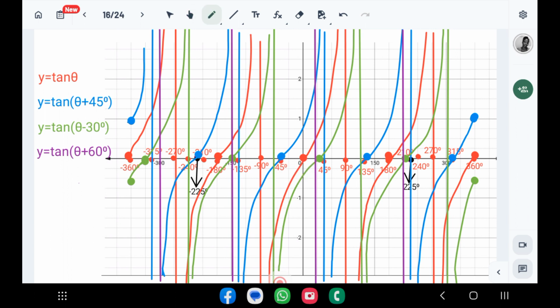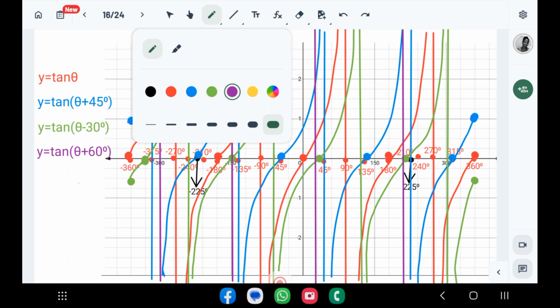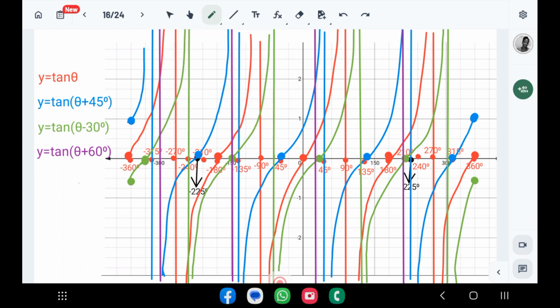There is negative 60. Negative 60 is there. Let's change the color. Negative 60. No, not the green one. I'm not trying the green one. It's the purple one. Okay, 1, 2. There is the purple one. Okay, so it lands us at negative 60.